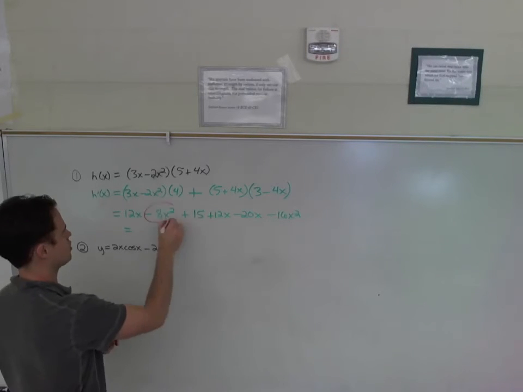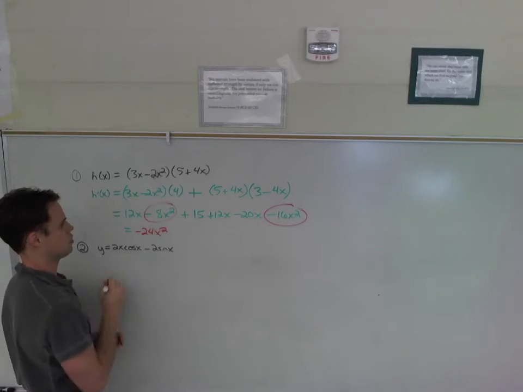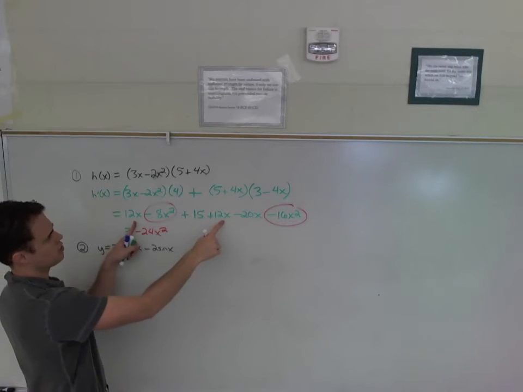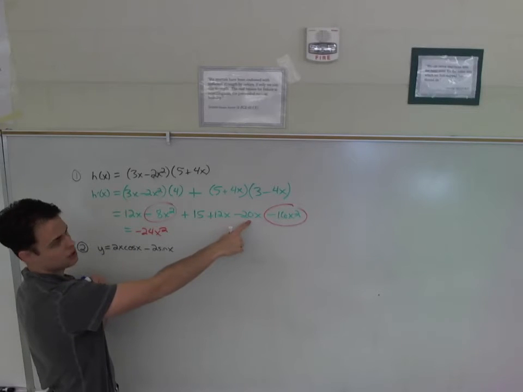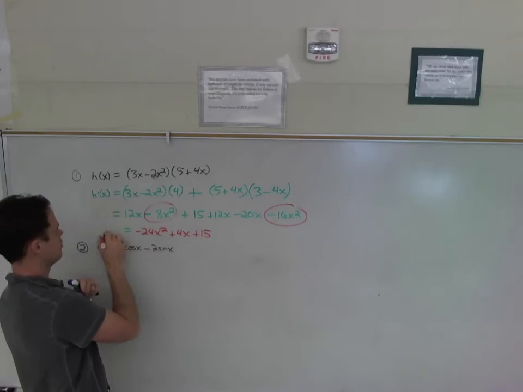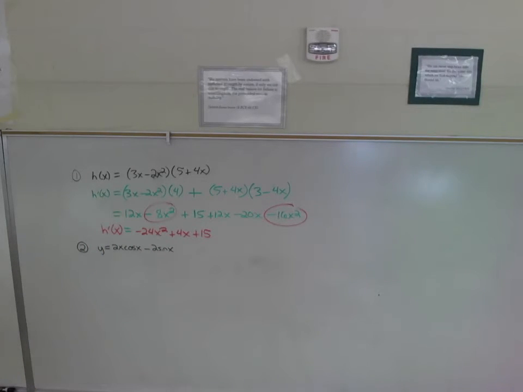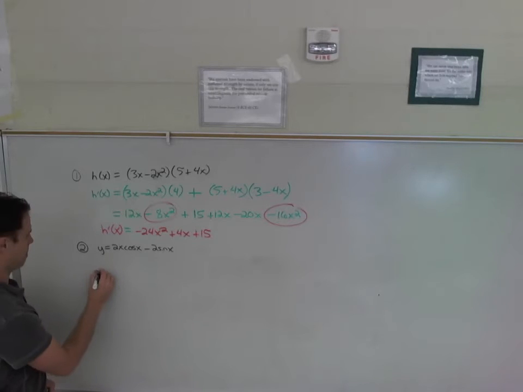So I'm going to combine my like terms, and I've got 24 minus 20, 4x, and I got a 15. There is H prime. That's how you use the derivative after you use it over. Finding the velocity or something. We use this.